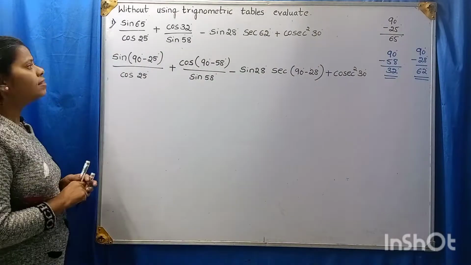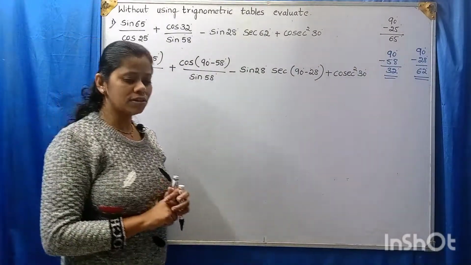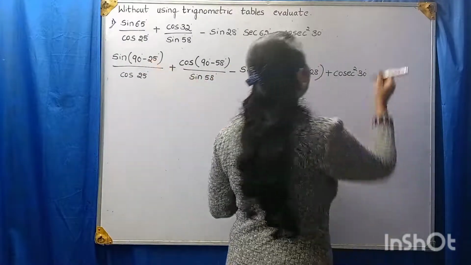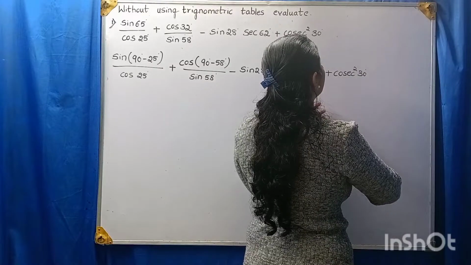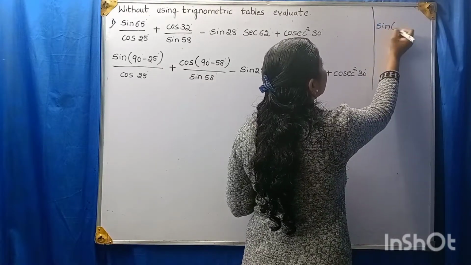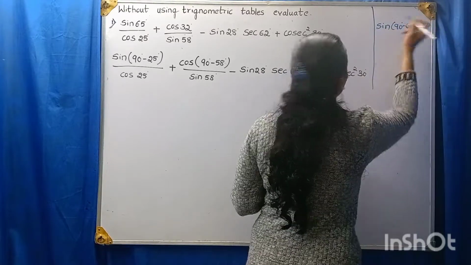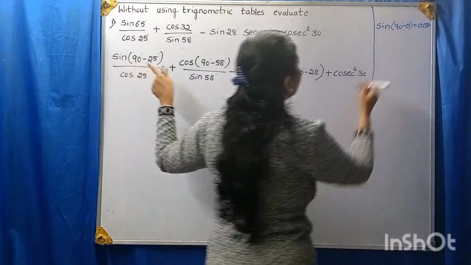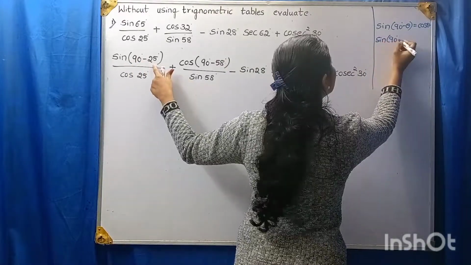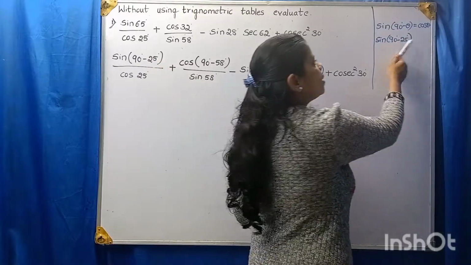Okay? Sin 90 degree minus theta is what? Cos theta. Therefore, sin 90 degree minus 25 degree: in the place of theta, we have 25 degree.